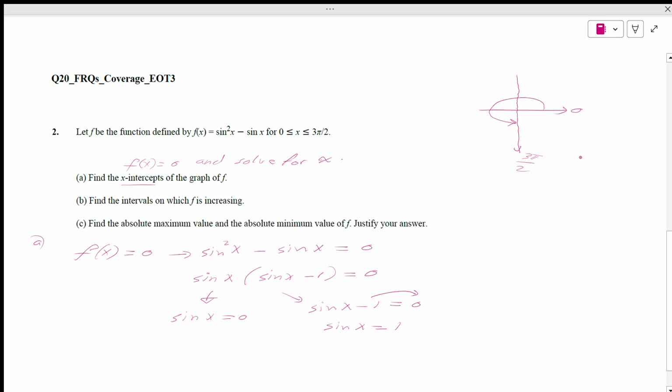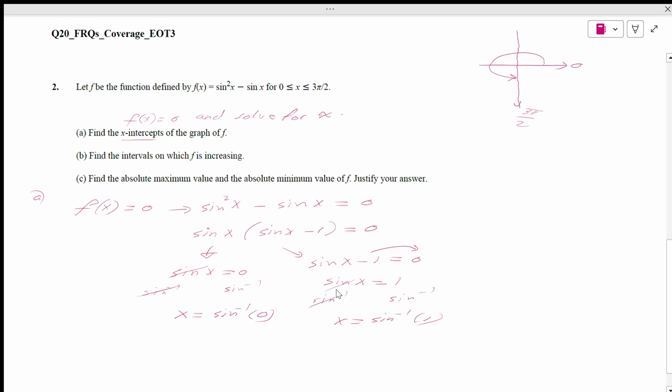Now you will apply sine inverse on both sides. So x equals sine inverse of 0 and x equals sine inverse of 1. So you have to solve these two things. So x equals sine inverse of 0. Which angle has a sine of 0?